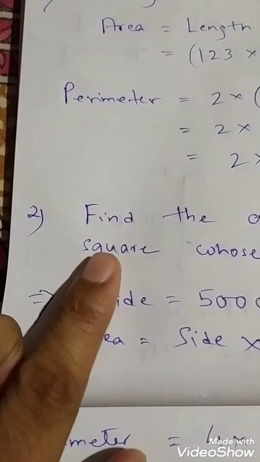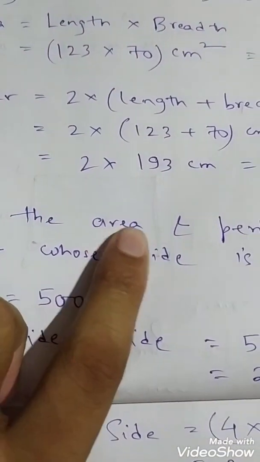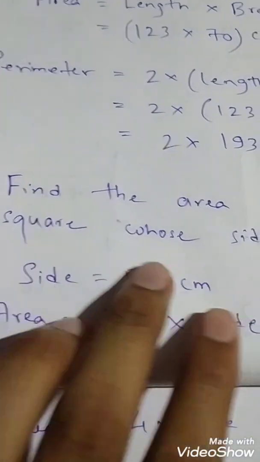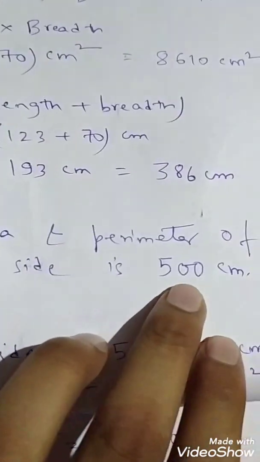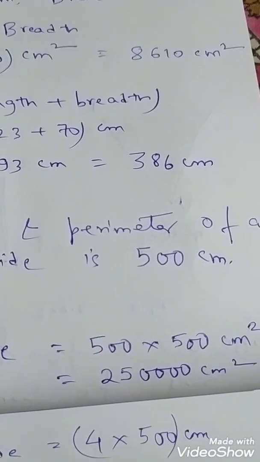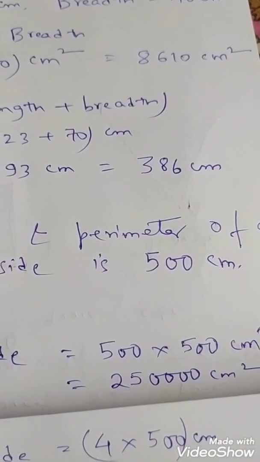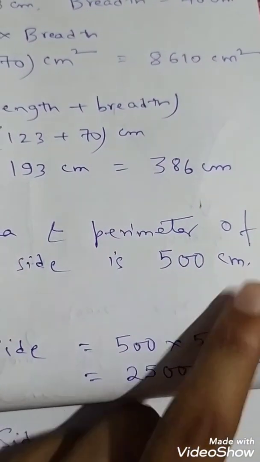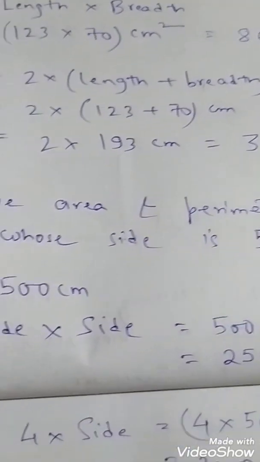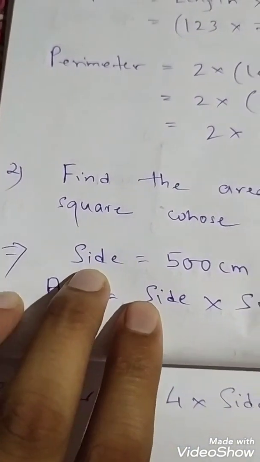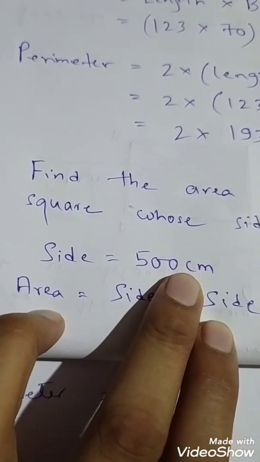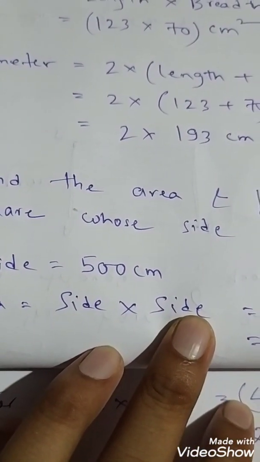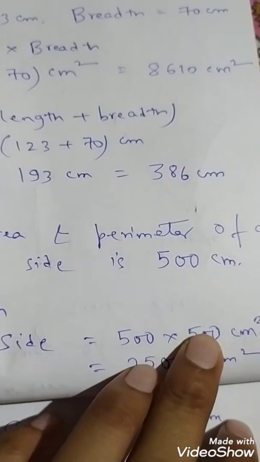Now the second question. Find the area and perimeter of a square whose side is 500 cm. You already know that all sides of a square are equal, so only one side is given, 500 cm, and all the sides will be 500 cm. The area formula is side into side, so 500 into 500.